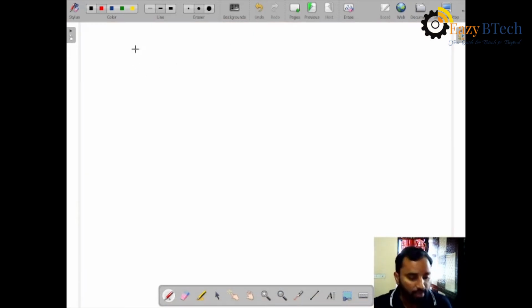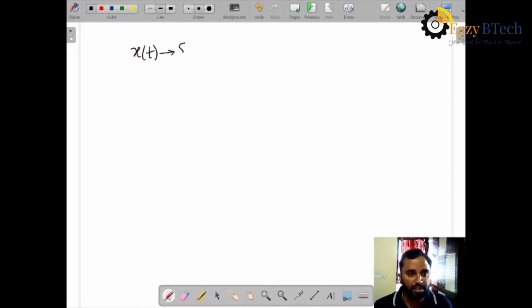So already we have seen orthogonal signal space in the previous session. I will repeat once again: what is meant by orthogonal signal space? We consider a signal x of t.